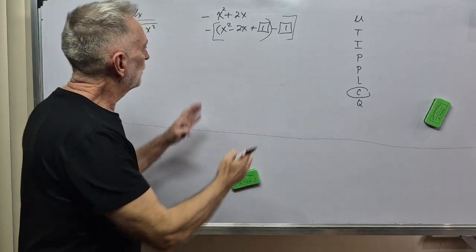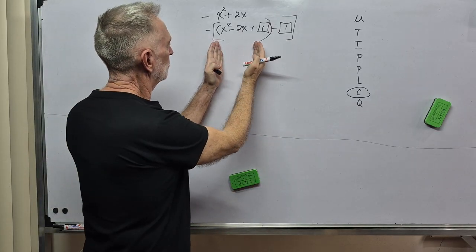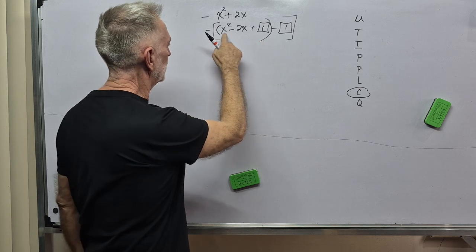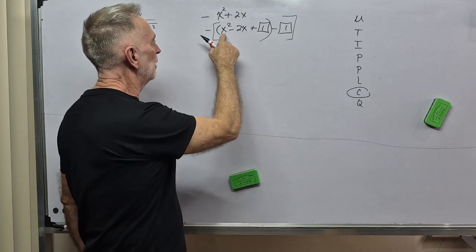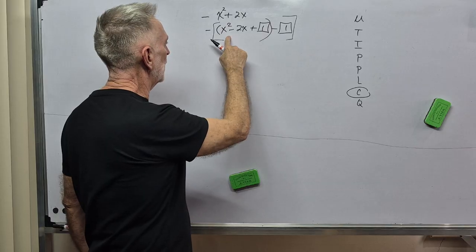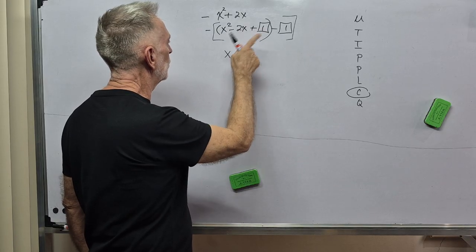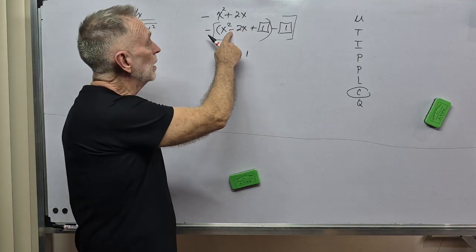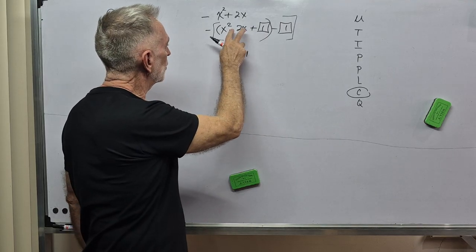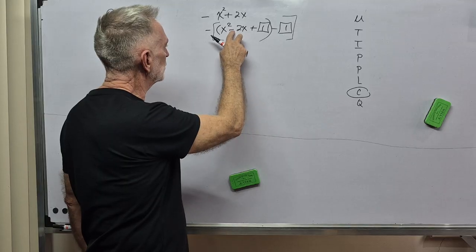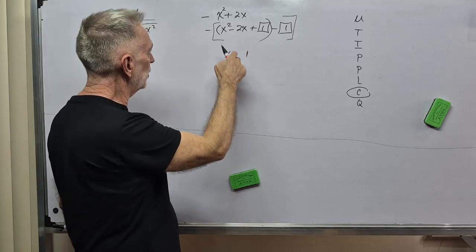Now to figure this out, we really just factor this. We're taking the square root of the first term, which is x, and the square root of the last term, square root of 1 is 1, and we keep the sign of the term we just used in the calculation. If this were a plus, I would put plus.